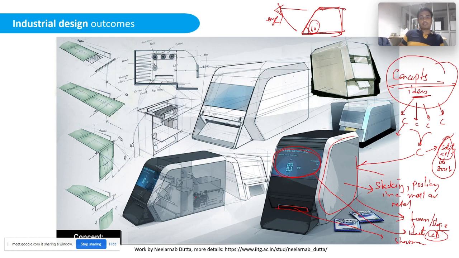The other requirements which the industrial design person tries to ideate is that the machine should be able to dispense sachets of any number. So these are like desires. That means the designer does not have a real solution for all this.